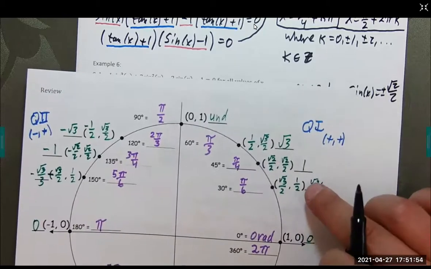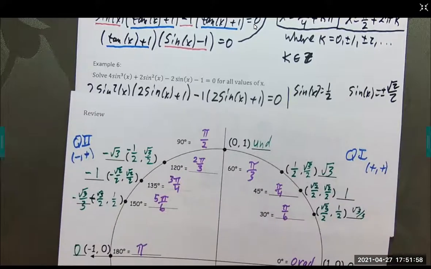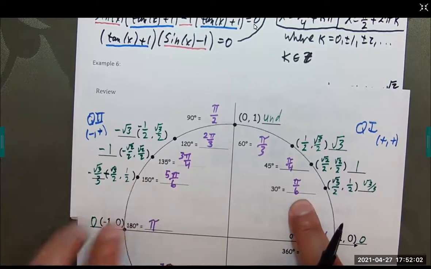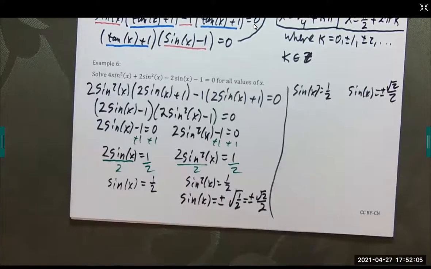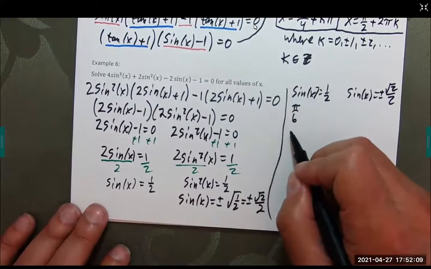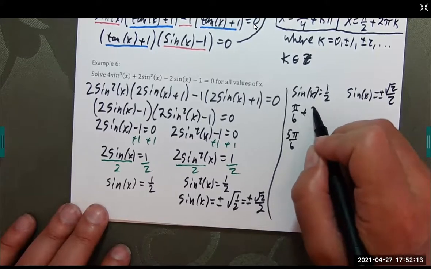Y is 1/2 at pi over 6. And remember, sine is positive in quadrants 1 and 2. So pi over 6 and 5 pi over 6. Again, this is all solutions. So this is pi over 6, 5 pi over 6. This is going to be plus 2 pi k again.